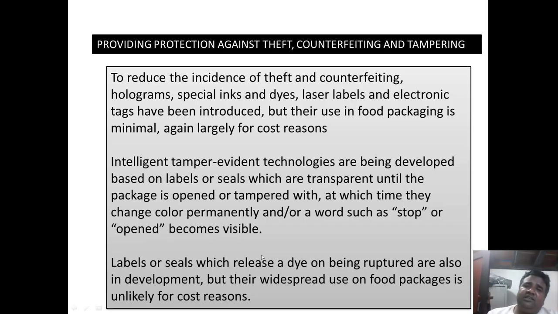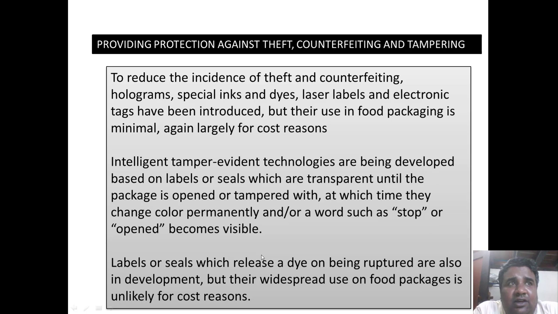Providing protection against theft, counterfeiting, and tampering. This is very uncommon in food, but it is generally used for cloth and electronic items. But nowadays people are using it especially against tampering, like what people are doing. I can share an example from India. Let's say you are fond of drinking very good quality whiskey like Jack Daniel's or Red Label whiskey.